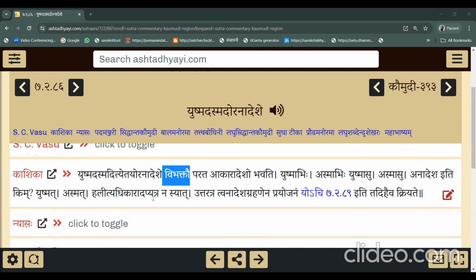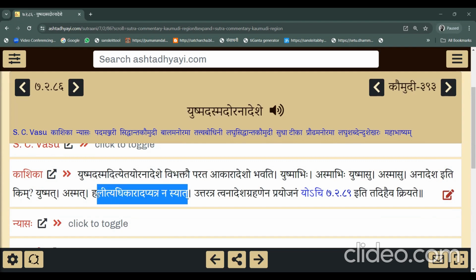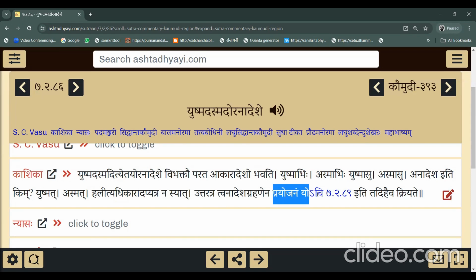Yushmadasmadoho, haladi iti adhikarat api atra na syat. Uttaratra tu anadesha grahanena prayojanam yochi iti tad ihaiva kriyate.